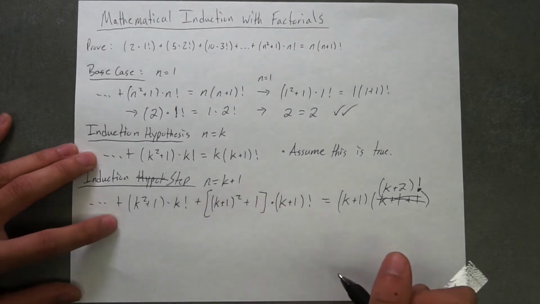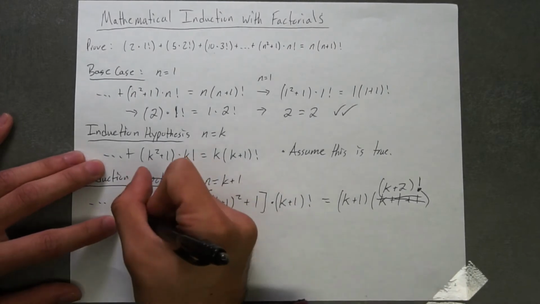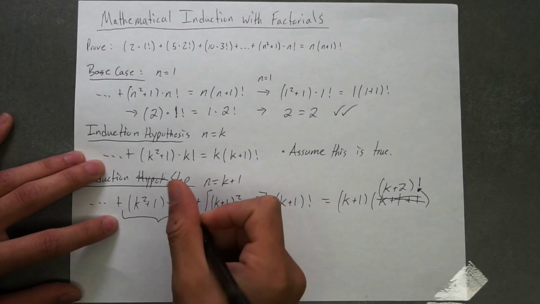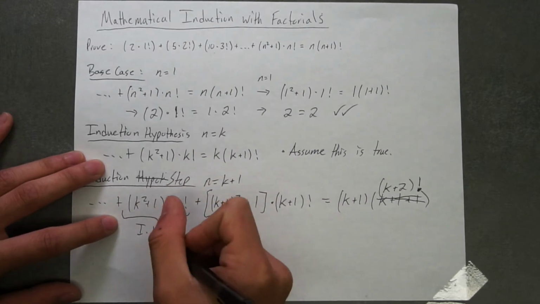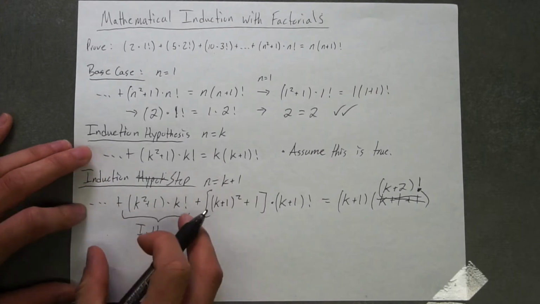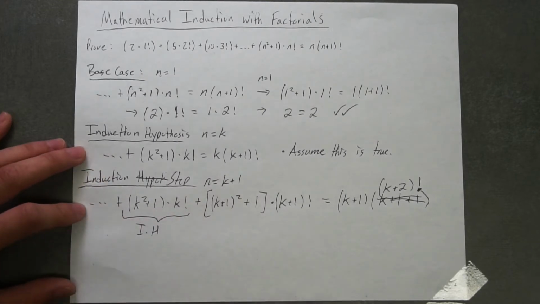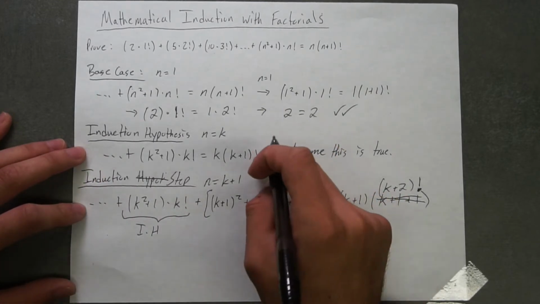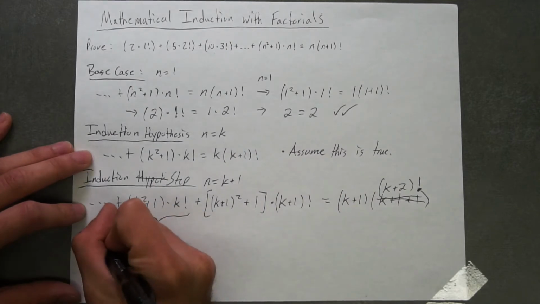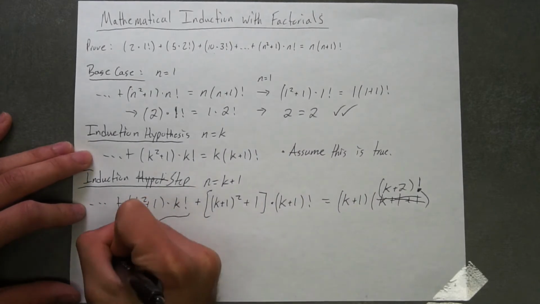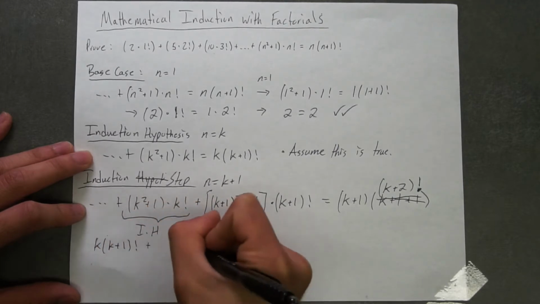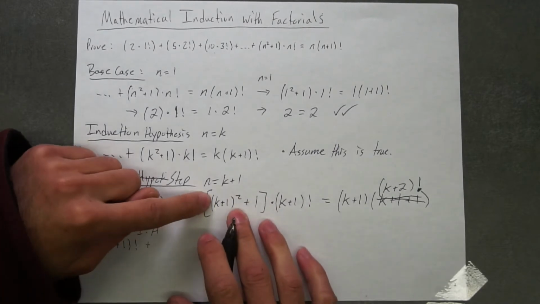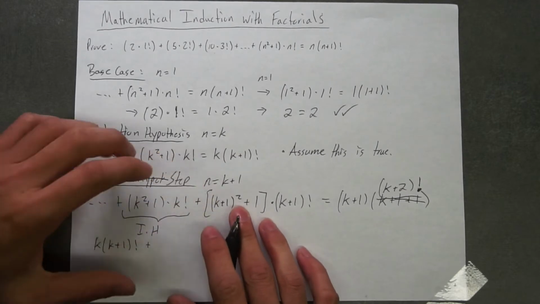Alright, so now we just simplify this by plugging in our induction hypothesis. We know that this term here is equal to k times k plus 1 factorial. So we have k times k plus 1 factorial plus, now we have to expand this.